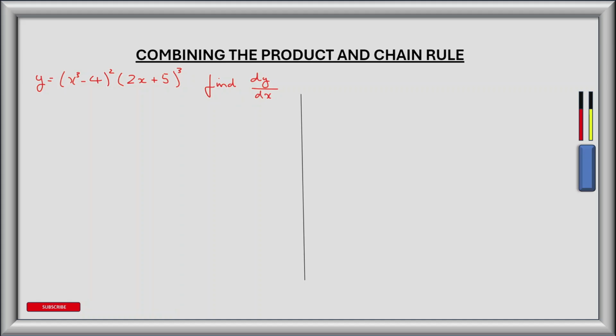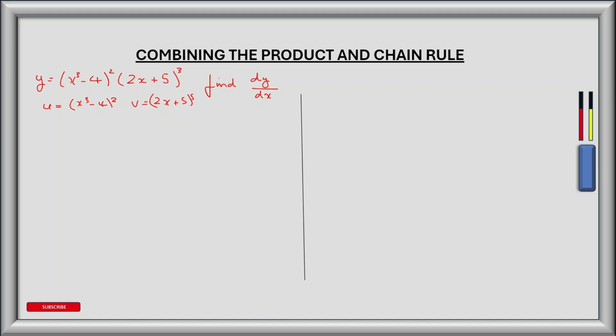So we want to differentiate the function y is equal to x cubed minus 4 all squared multiplied by 2x plus 5 cubed. So to do this, we need to use a combination of the product and the chain rule. So first of all, let's apply the product rule. To do that, we can split into two functions: u equals x cubed minus 4 all squared, and v equals 2x plus 5, all cubed.